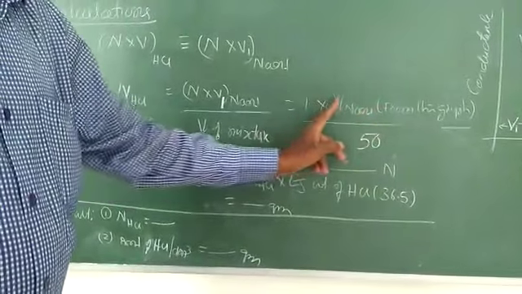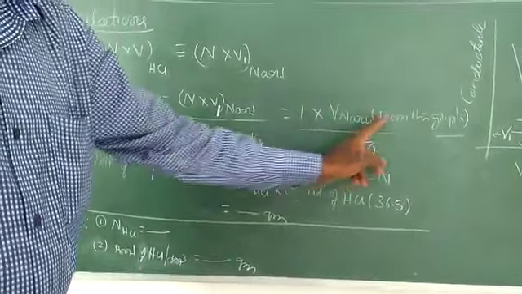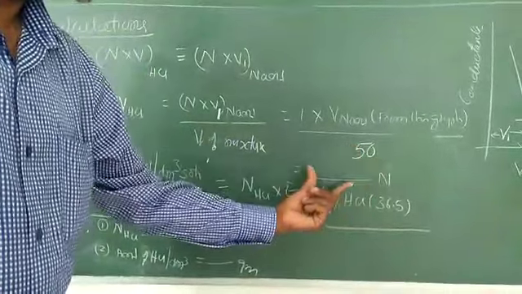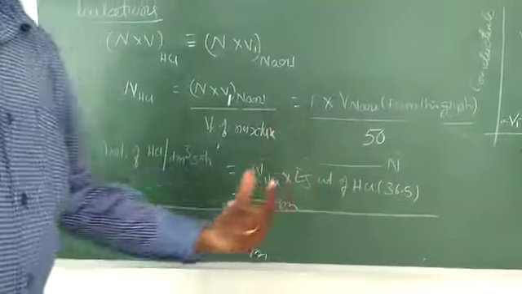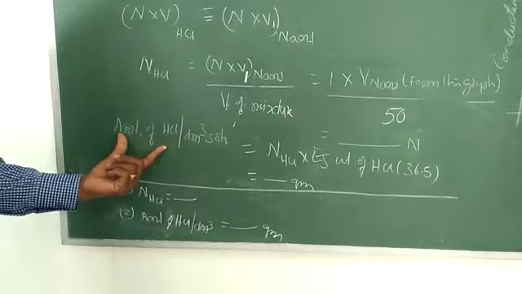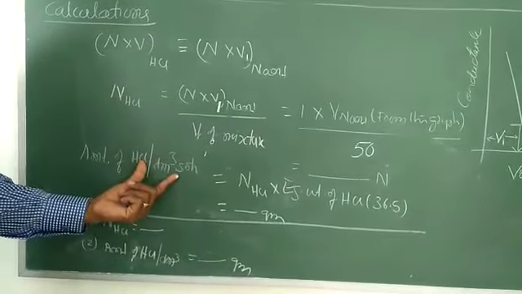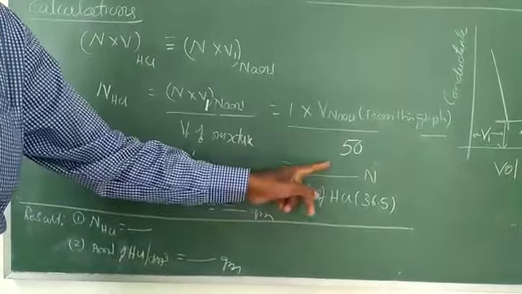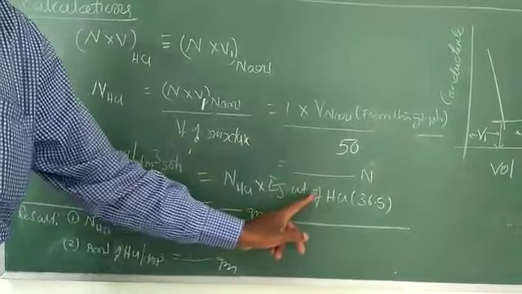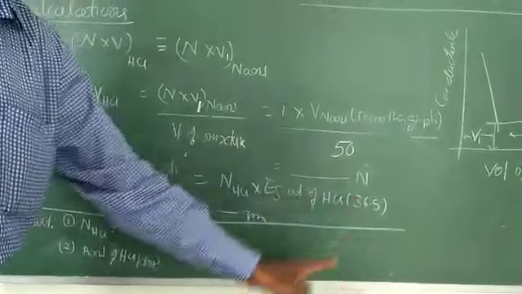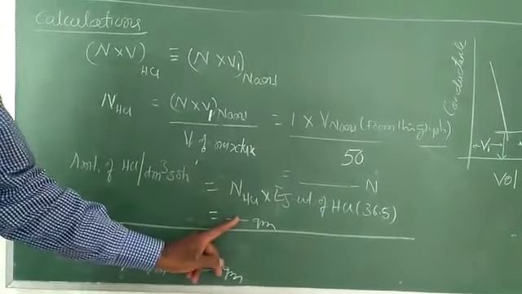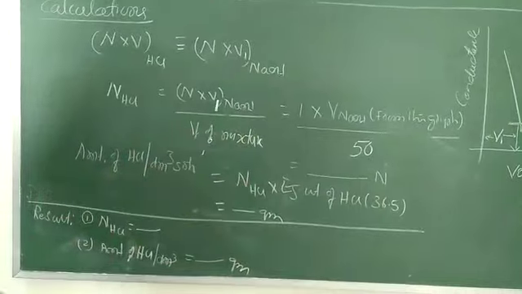So therefore 1 into volume of the sodium hydroxide for the first neutralization, divided by 50, gives the normality of the hydrochloric acid. The amount of hydrochloric acid present in a dm cube solution is equal to normality of hydrochloric acid obtained in the above step, multiplied by the equivalent weight of hydrochloric acid, that is 36.5, that is equal to the amount of hydrochloric acid present in the given mixture.